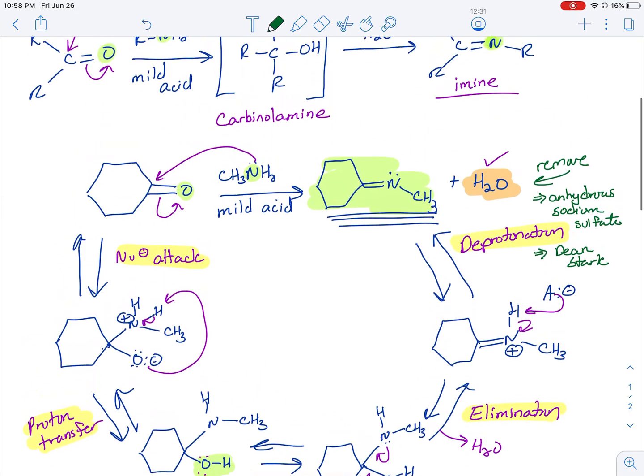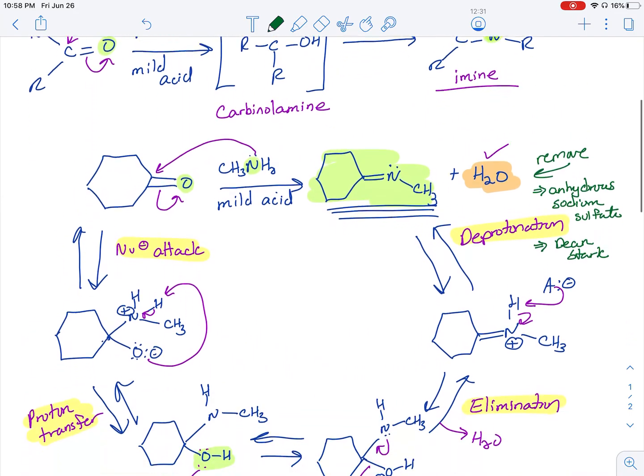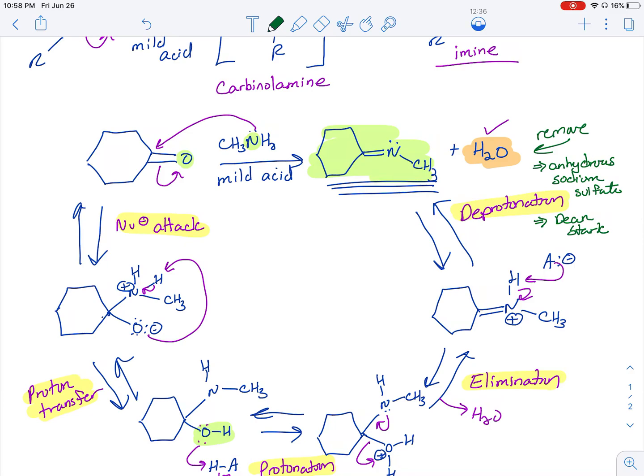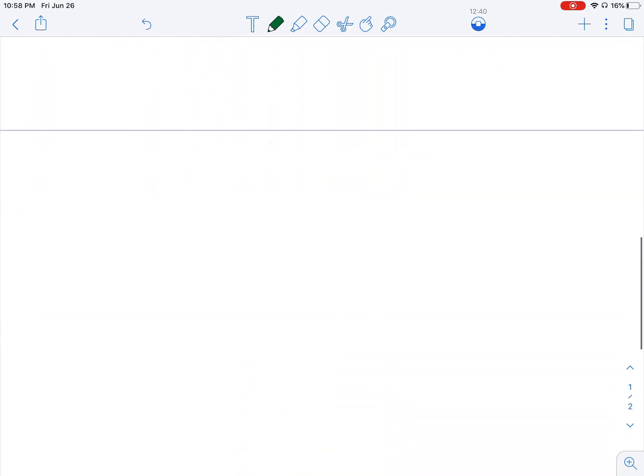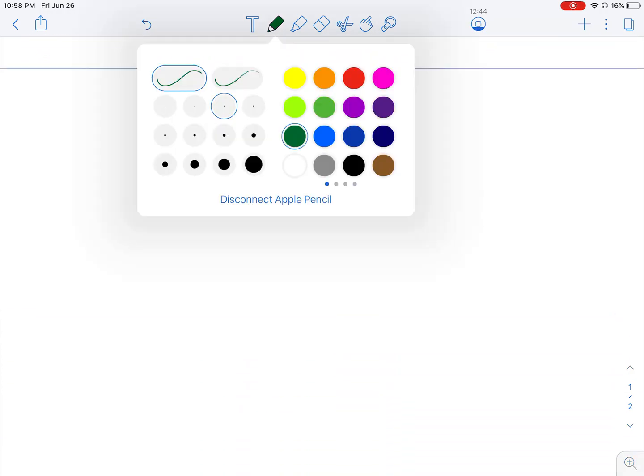All right, so this is imine formation, right? We just talked about that mechanism and how to form an imine. So now let's talk about the enamine, right? When it comes to enamine, it's the same foundational concepts.